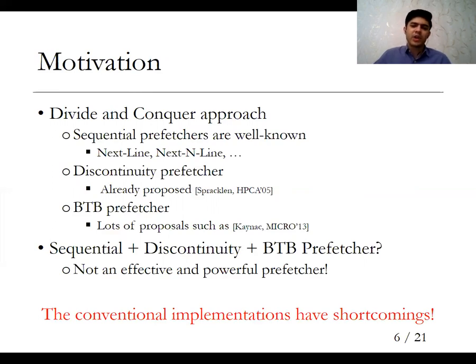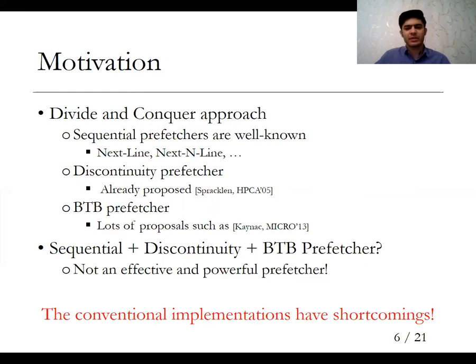However, they cannot cover the discontinuity misses that occur because of branch instructions. Discontinuity prefetchers learn such discontinuities to cover these misses as well. Moreover, prior work has shown how an instruction prefetcher can be extended to cover the BTB misses. It seems that combining these prefetchers can effectively cover all misses that degrade the front-end's efficiency.